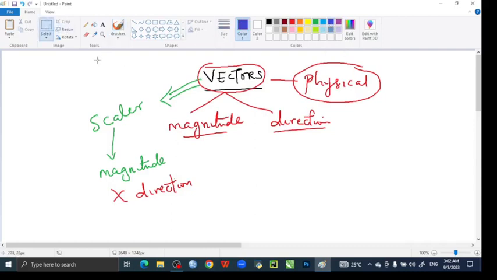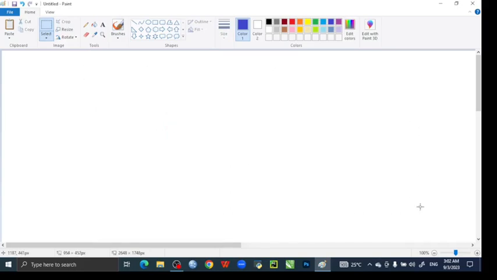So we are going to be talking about some concepts that you need to know under this topic. Let's talk about vector representation. How do you represent a vector? You represent a vector with a bold letter, or you represent a vector with an arrow.